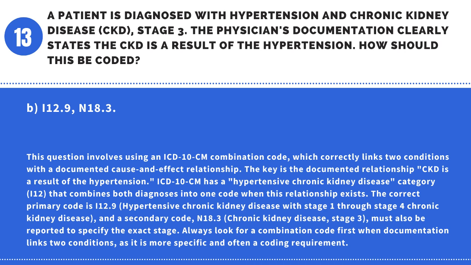ICD-10-CM has a hypertensive chronic kidney disease category, I12, that combines both diagnoses into one code when this relationship exists. The correct primary code is I12.9, hypertensive chronic kidney disease with stage 1 through stage 4 chronic kidney disease, and a secondary code, N18.3, chronic kidney disease, stage 3, must also be reported to specify the exact stage.